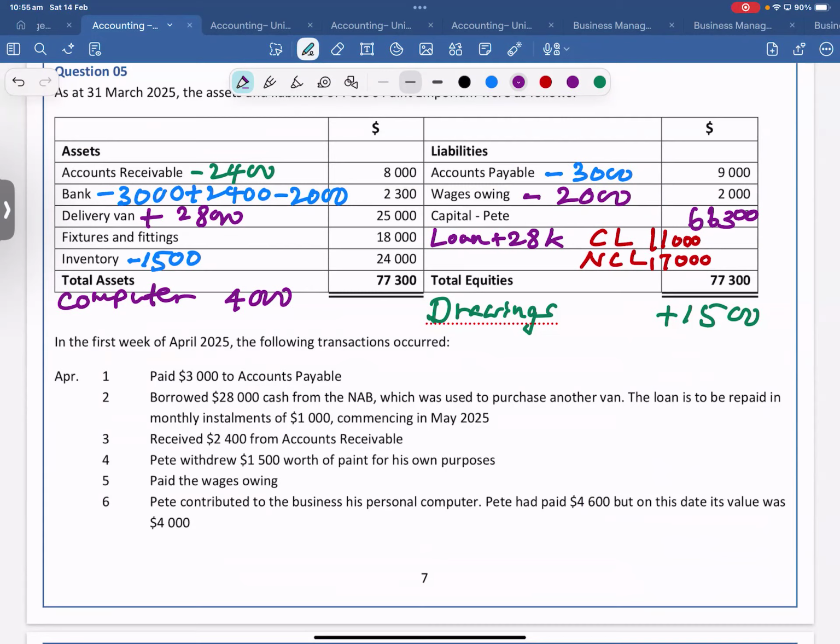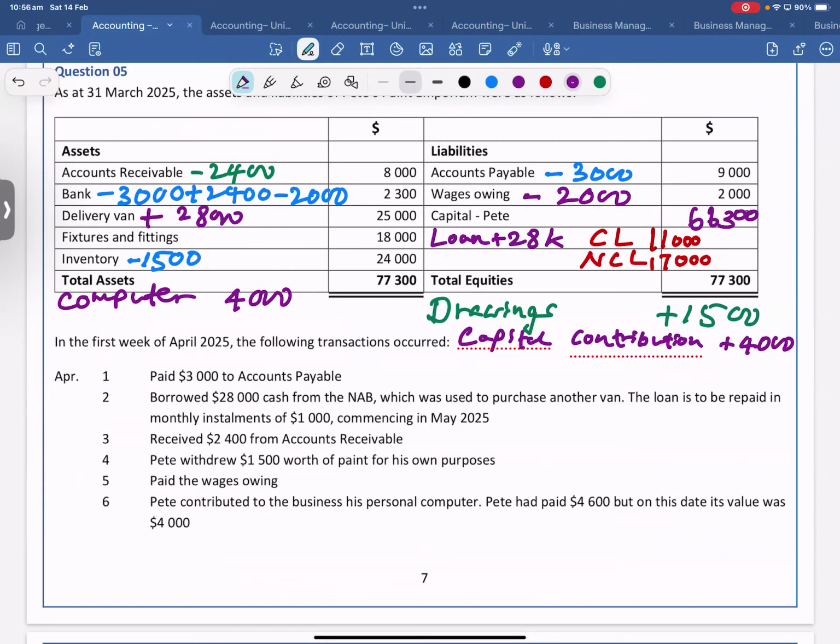We call that one capital contribution. Capital contribution plus 4000. Now, what is the impact on the accounting equation because of the personal computer being contributed?